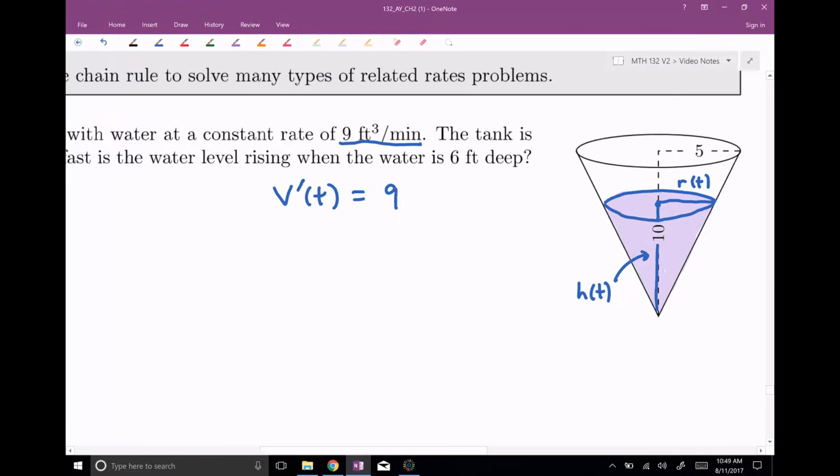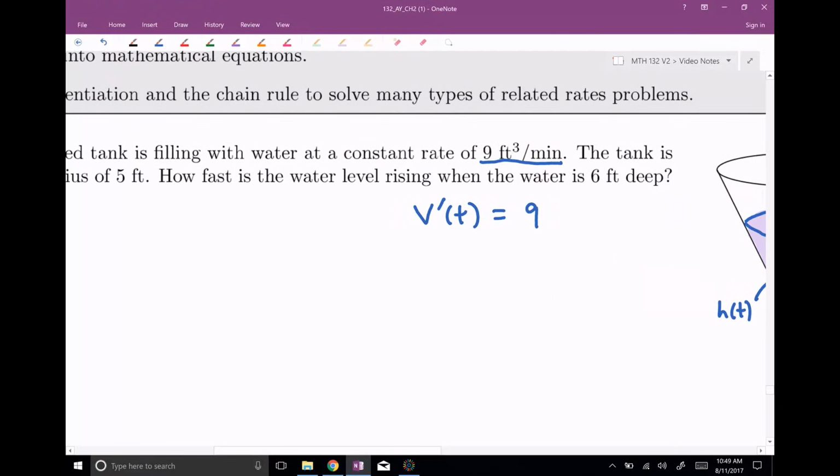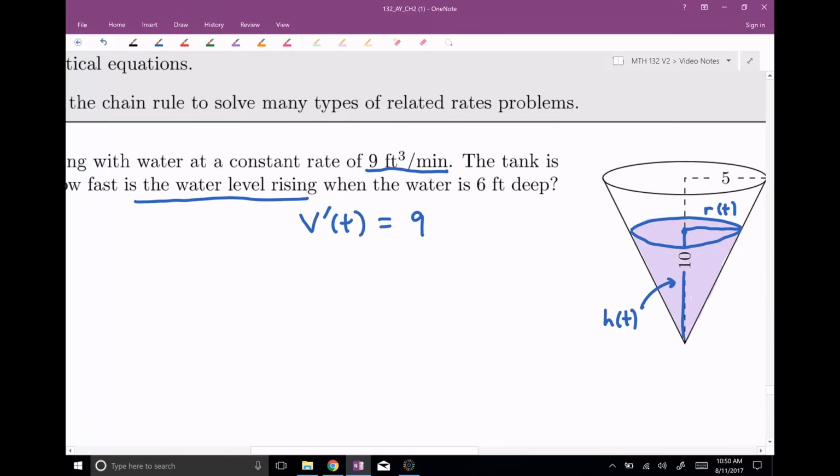So the question here, how fast is the water level rising? This is a rate of change, so a derivative. Water level rising is talking about a rate of change of height, because height is going to give the level of the water. So the question is, how fast is this height changing at a particular instant?